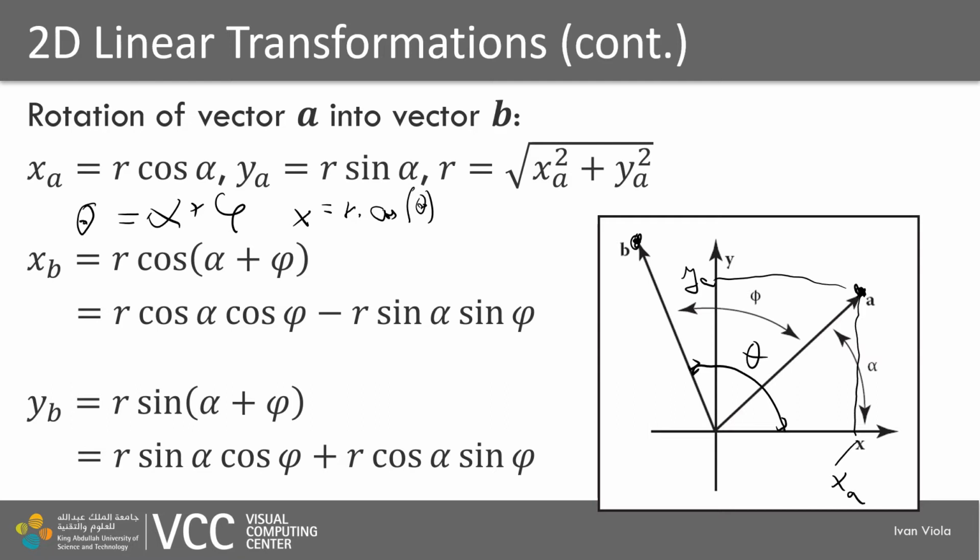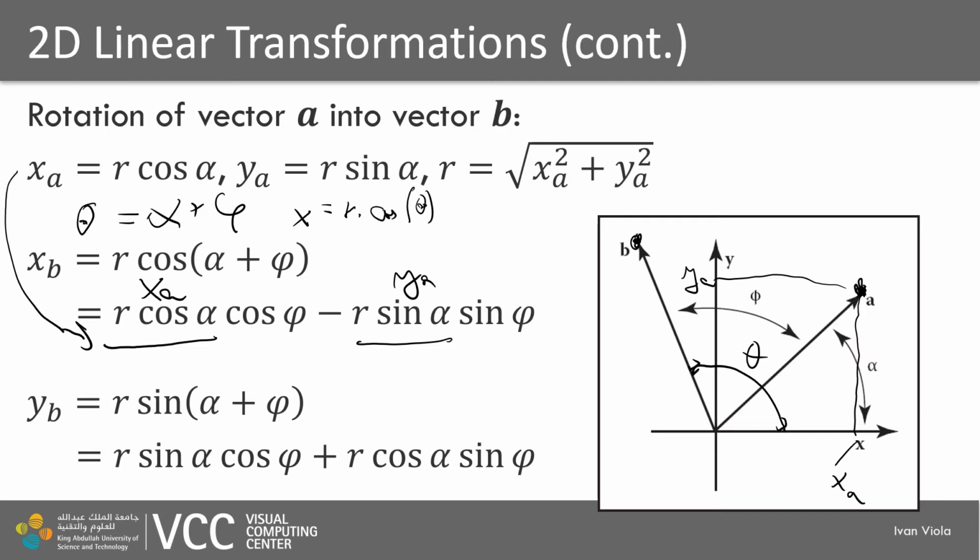An interesting aspect shows up here: we suddenly have a term r times cosine alpha, and here we have the term r times sine alpha. What are these terms? Actually, we find out that this term is xa, and this term is ya. So they are the Cartesian coordinates of our point A.